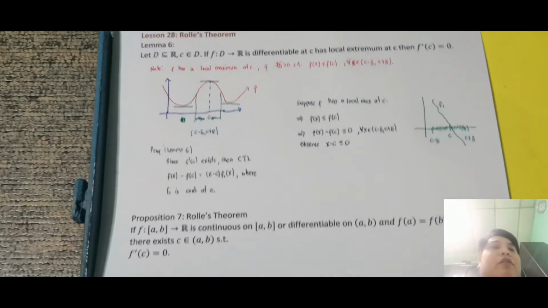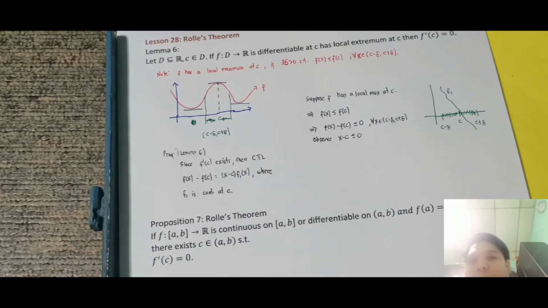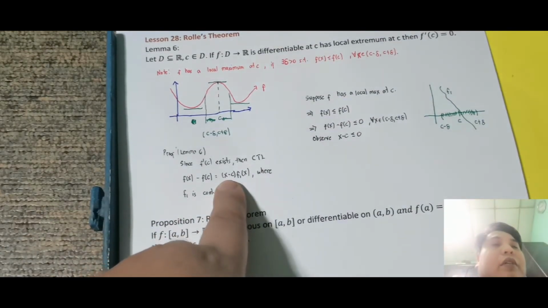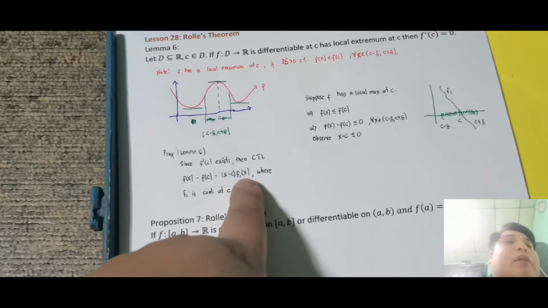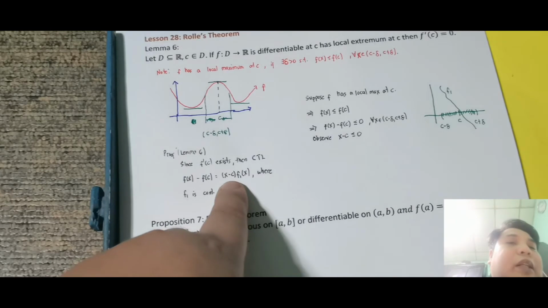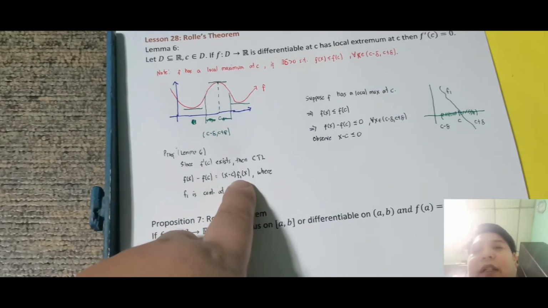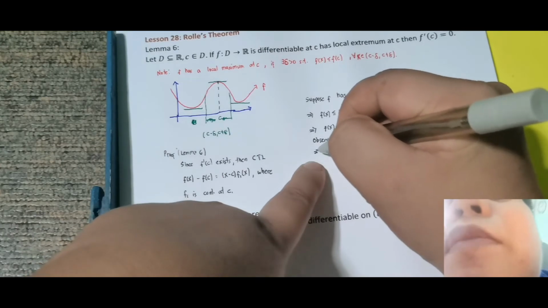Okay? Now, kung si x minus c is less than 0, okay, then ang sabi niya, tingnan niya, kung x minus c is less than 0, so itong part na yun, kung ito ay less than 0, dapat ano to? Para maging greater than 0 siya. Okay, so ano dapat yung value ni f sub 1 of x para maging greater than 0 siya? Again ibig sabihin na x minus c less than 0, ibig sabihin negative to. Okay, so kung negative to, ano dapat yung value ng f sub 1 of x natin? Okay, so dapat ang value ng f sub 1 of x natin, this implies, para maging greater than 0.